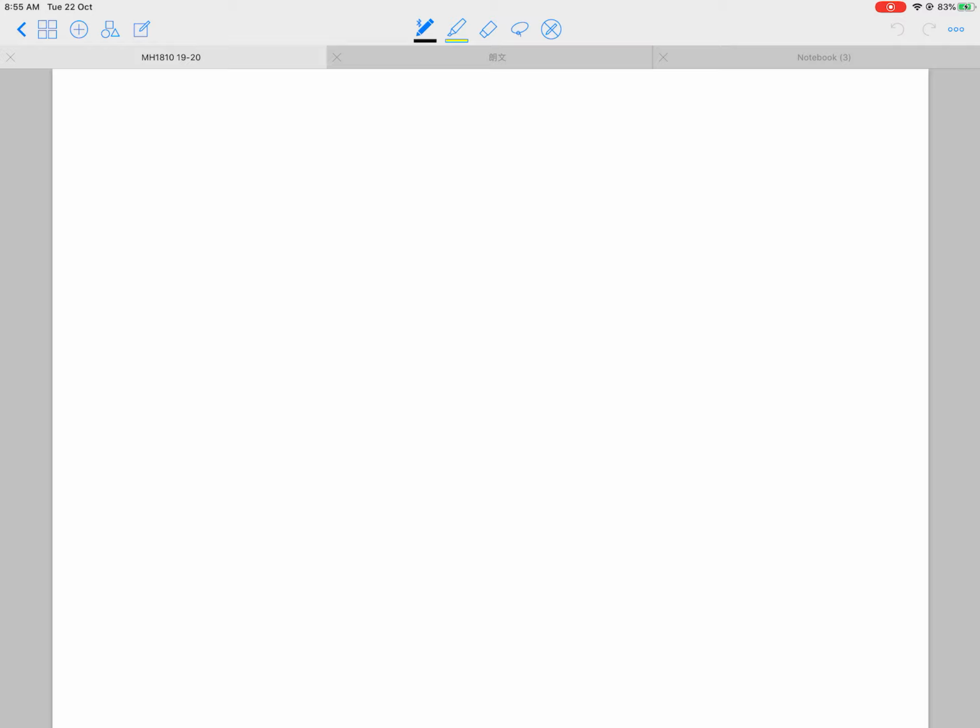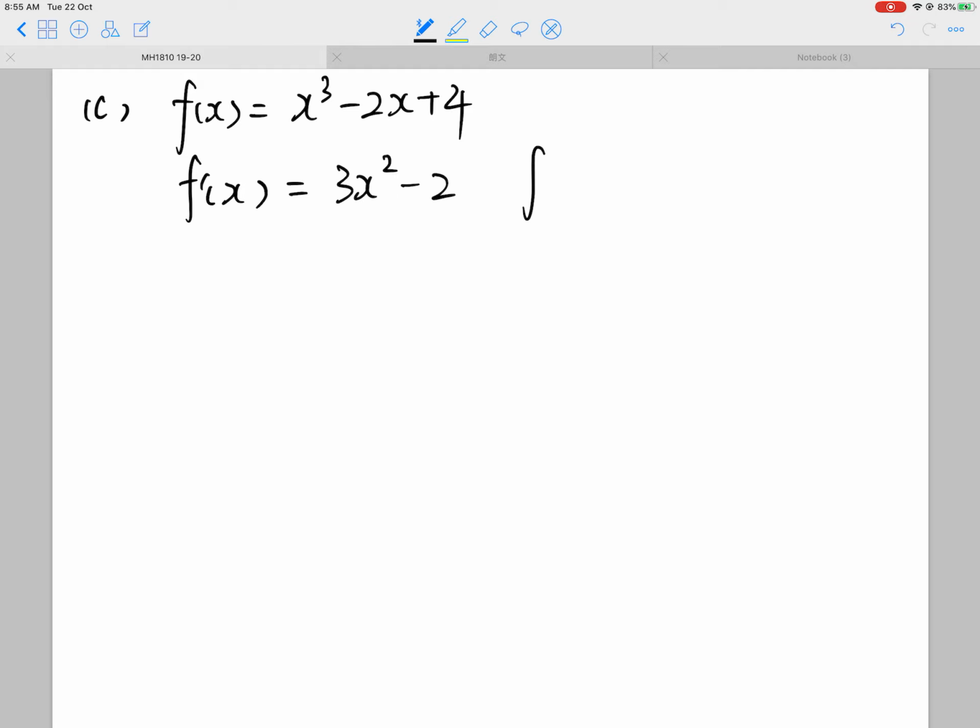Part C, it's very similar. Okay, the first order derivative is this. The second order derivative is this. Okay, then this always exists, right? So first, no singular point.